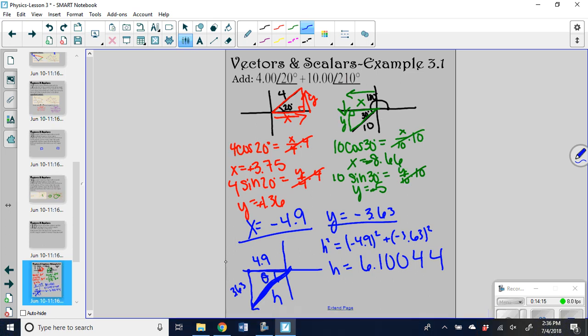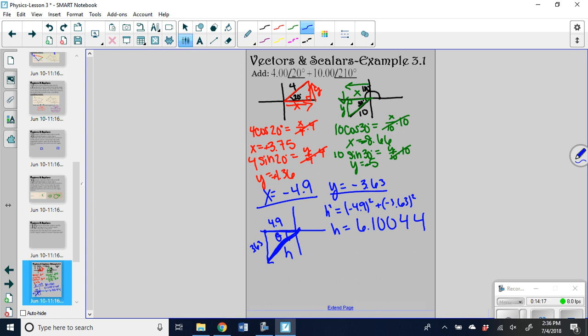Now we have to find our angle. So the way you're going to find your angle is to do tangent of your angle, and that's a theta. It's just a Greek letter that we use for angle. And it's opposite over adjacent, 3.63 over the 4.9.